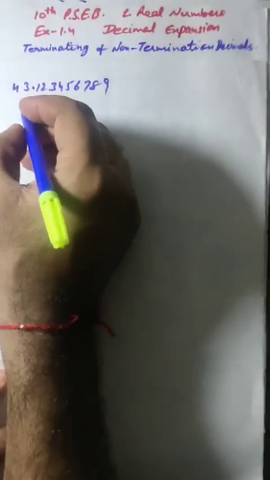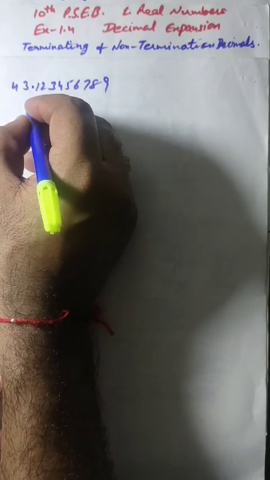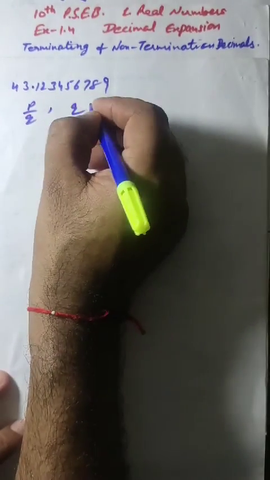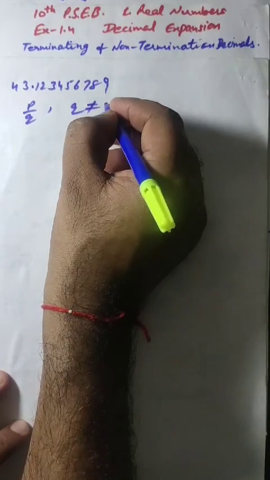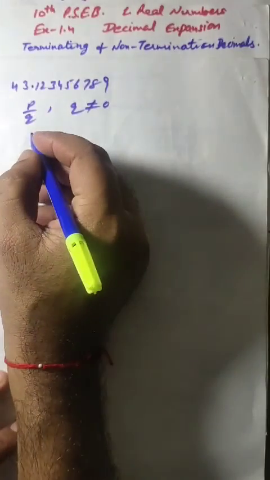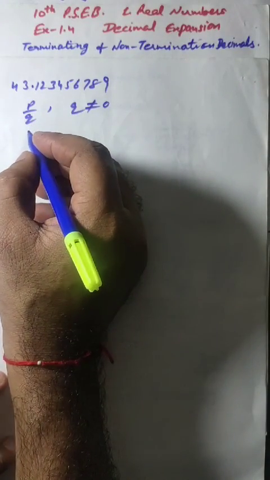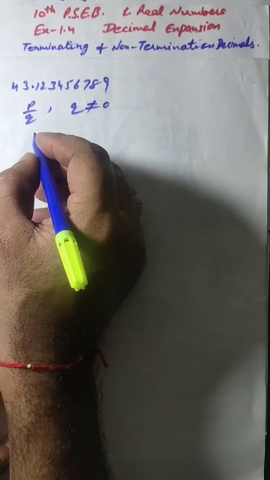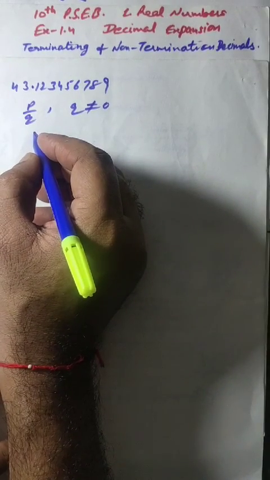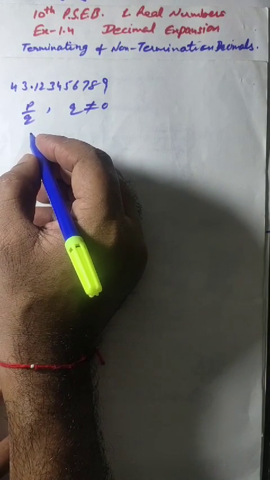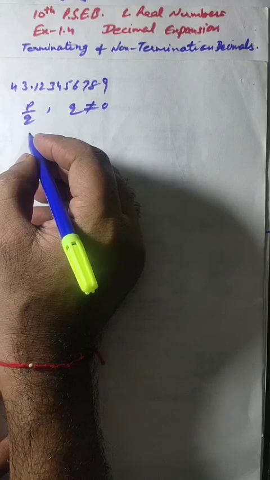So we can write it in the form of p by q, where q is not equal to 0. But if the decimal is terminating, we know that the denominator will have prime factors only 2 or 5 or both 2 and 5.